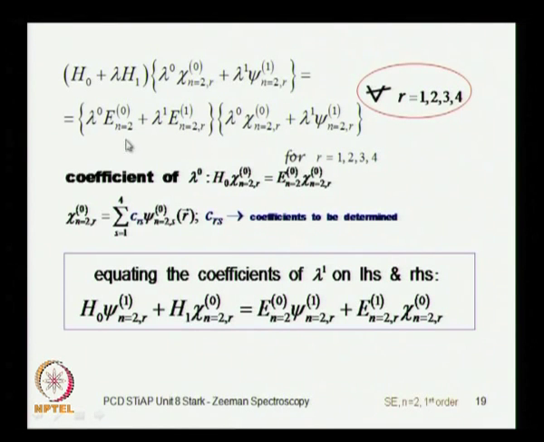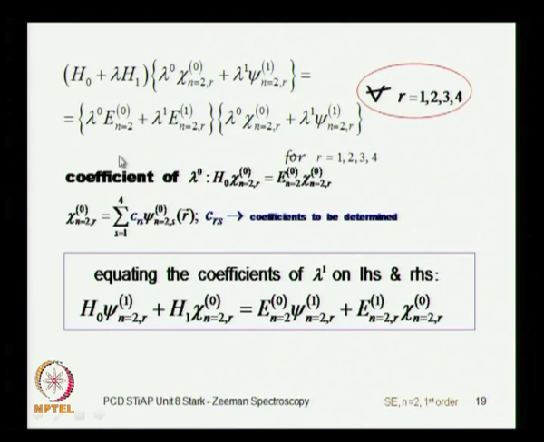If you now do the same, equating the coefficients of lambda to the power 1 on both sides, then on the left hand side you get H0 psi 1, and then the term which has lambda to the power 1, H1 operating on this chi 0. So these are the two terms that you get on the left hand side.